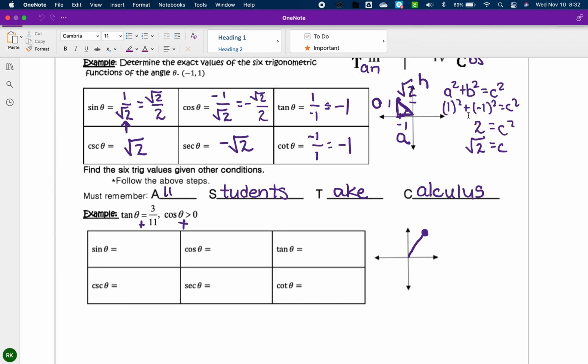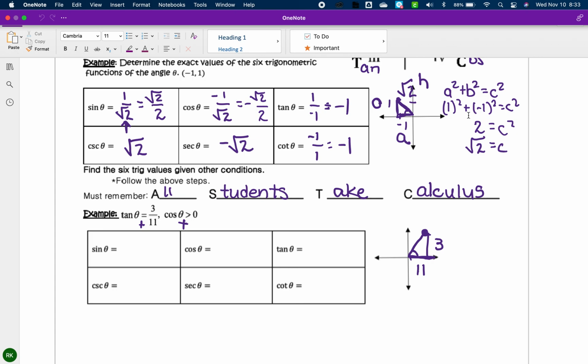Okay. From there, I think about tangent being opposite over adjacent. So remember, we're always with the x-axis here, the angle. So opposite would be over here. Opposite is 3. Adjacent is 11. Clearly not drawn to scale because it should be way out and just barely any height, but that's okay.